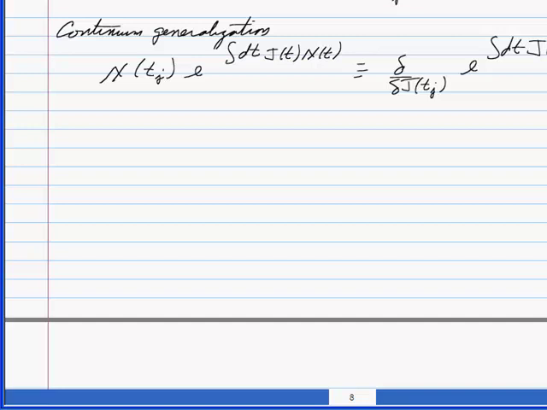You know, we want that. So then what does that really mean? Well, the formal definition is that if I take delta by delta j of t acting on some j of t prime, that gives me delta of t minus t prime.